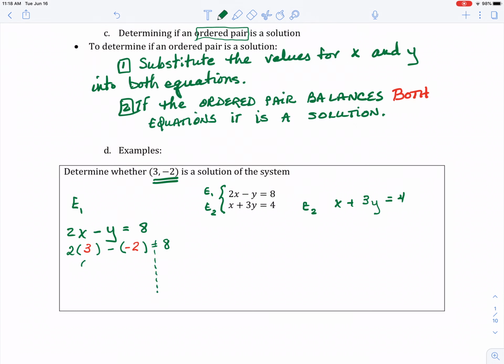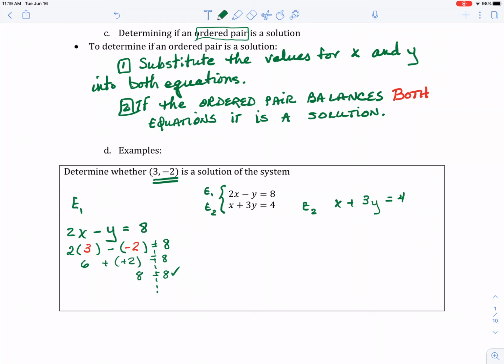I'm going to do the arithmetic. And it looks like this first one balances. Okay, so that's not enough for me to say that this is a solution of the system. That tells me that it is a solution for that first equation.